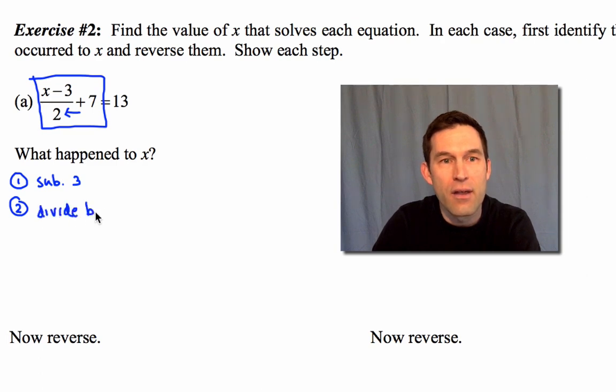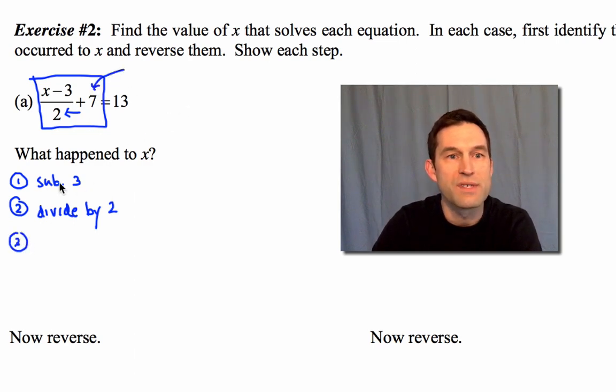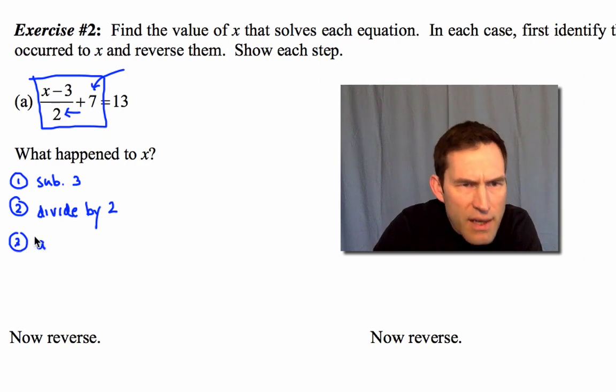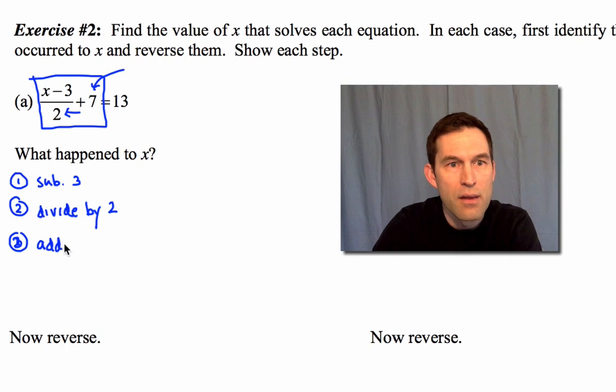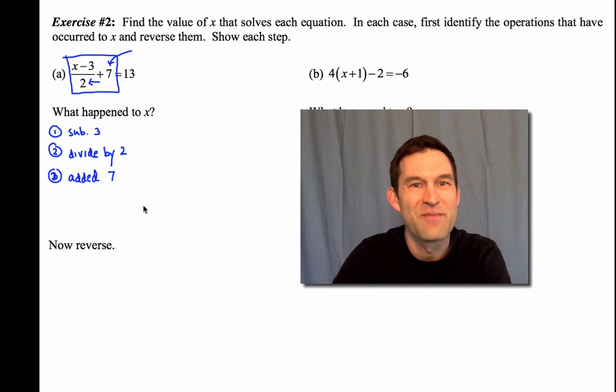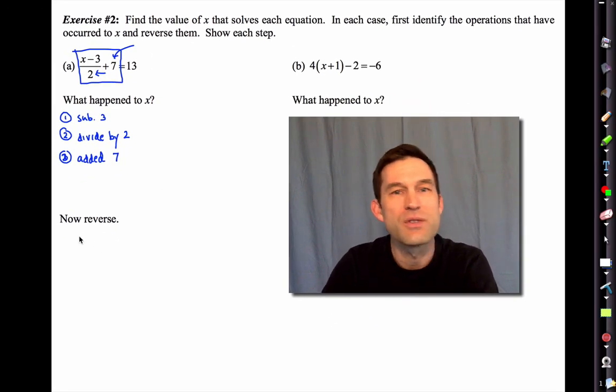Right? We divide by 2. And the last thing that happened was that we added 7. Did I just say that was 3? We added 7.